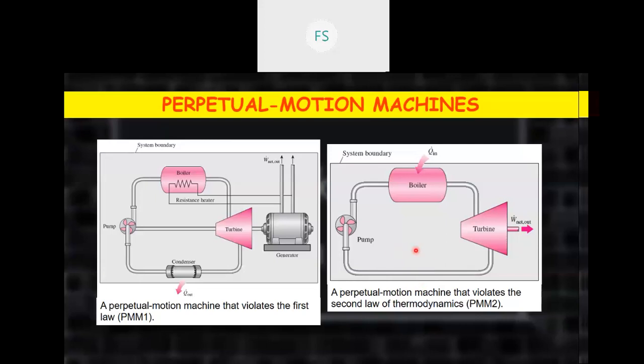They must have a component here that is used to release the heat to the surroundings. Therefore, this kind of system is called PPM2, Perpetual Motion Machine number 2.